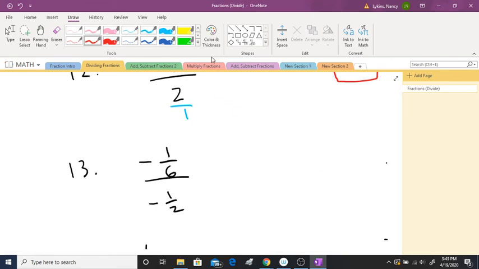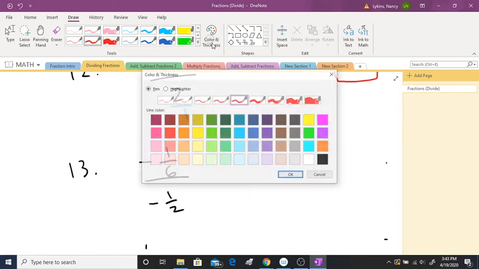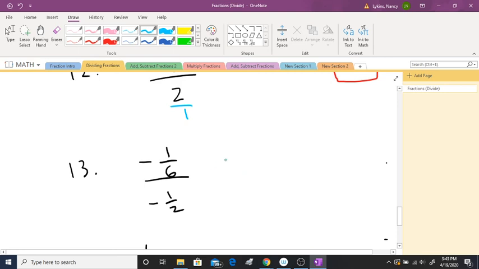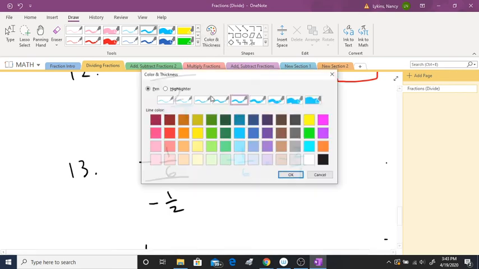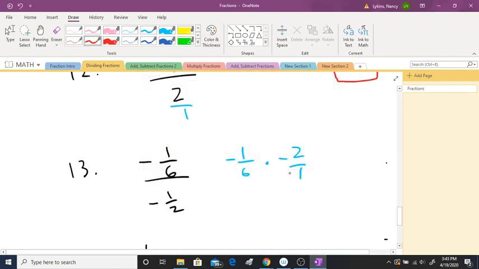Okay, what about if you have negative 1/6 over negative 1/2? Well, in this case, I keep the negative 1/6, but then I take my negative 2, put it over 1, and 2 negatives make a positive. And then 2 goes into 6 3 times. So 1 over 3 is my answer.